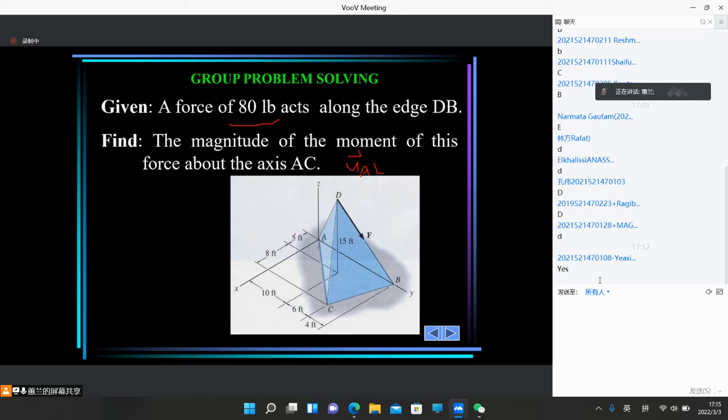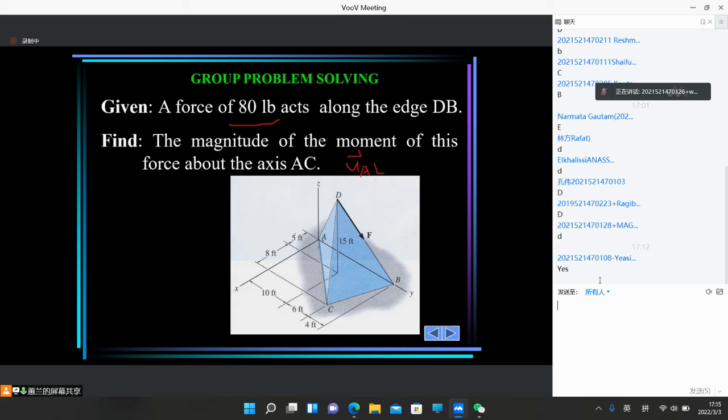And then what will you do? You want to find out the position vector RDB, right? Am I right? Yes.